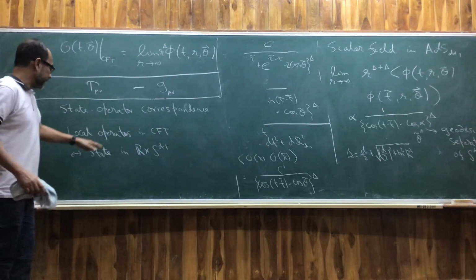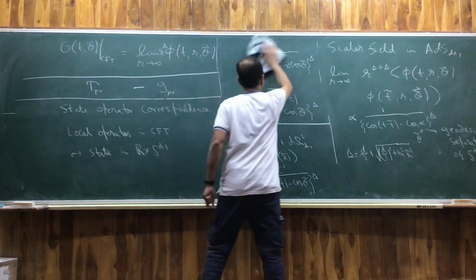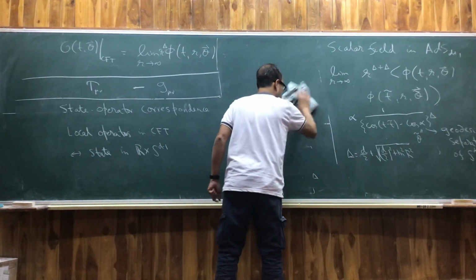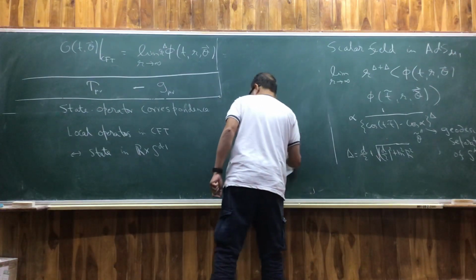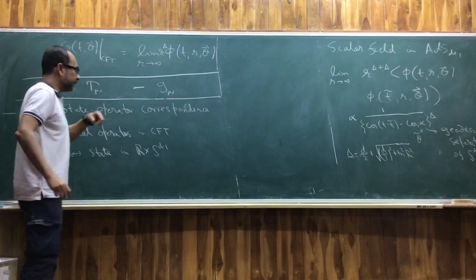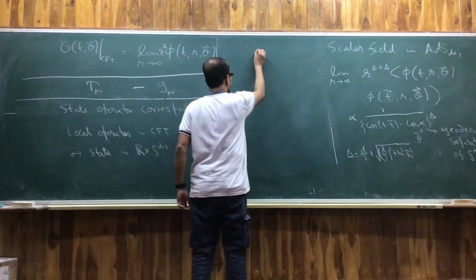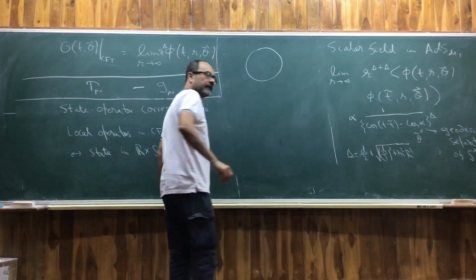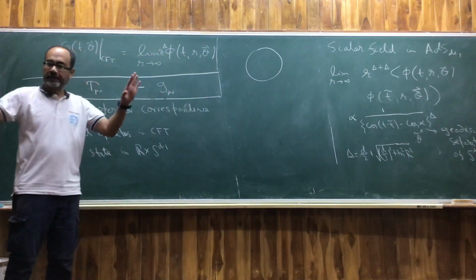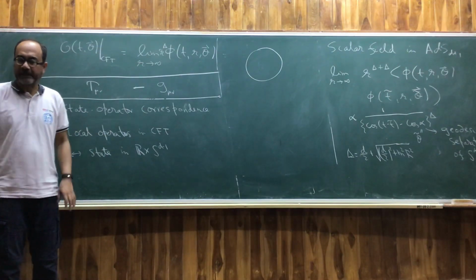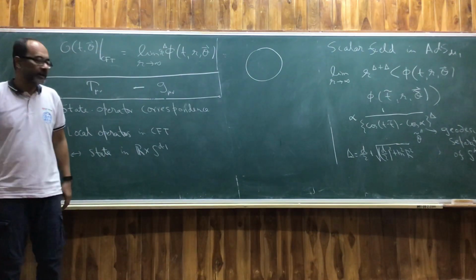Okay, so let me just say how this works. The way we do this is the following. Let's go to Euclidean space. Flat Euclidean space, where the metric is just delta mu nu, just flat Euclidean space R^d.